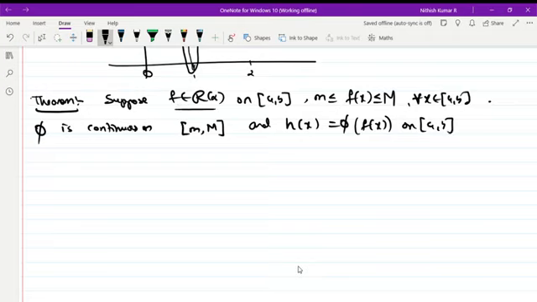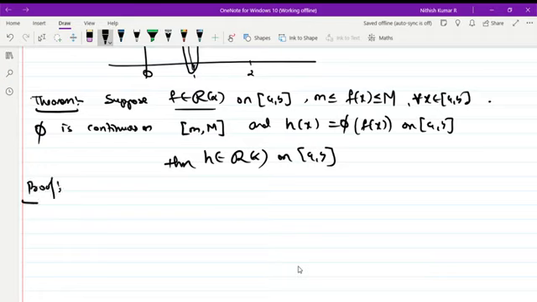Observe here f is Riemann-Stieltjes integrable and phi is just a continuous function on the closed interval small m comma capital M. Then my composition h of x equal to phi of f of x is Riemann-Stieltjes integrable on the closed interval a comma b, that is h belongs to R of alpha on the closed interval a comma b.